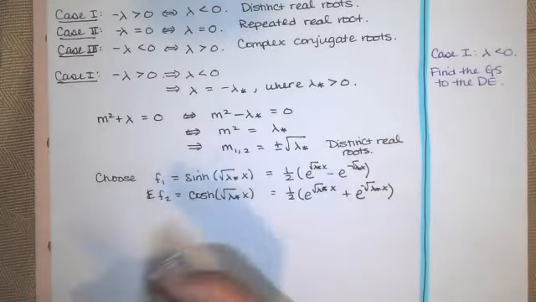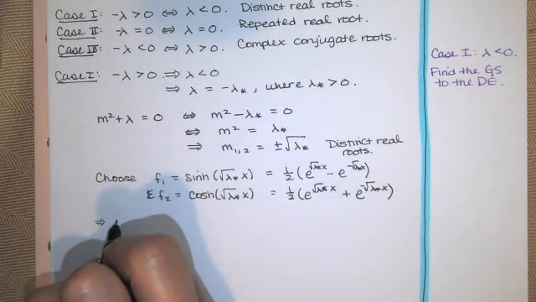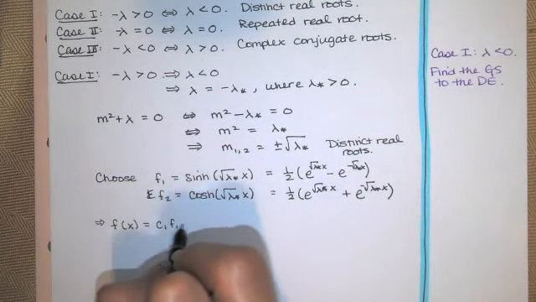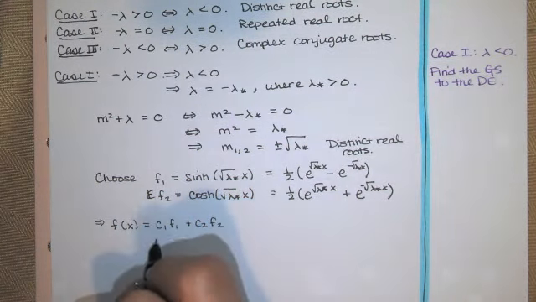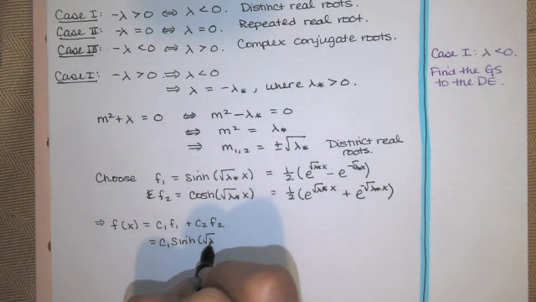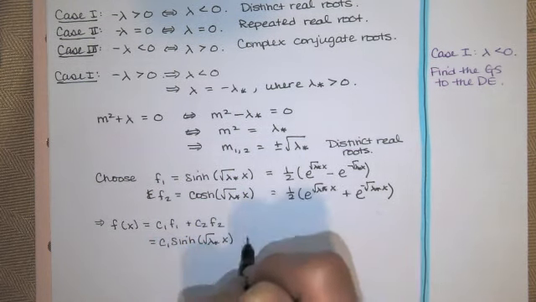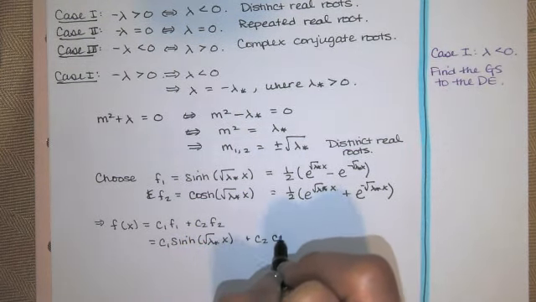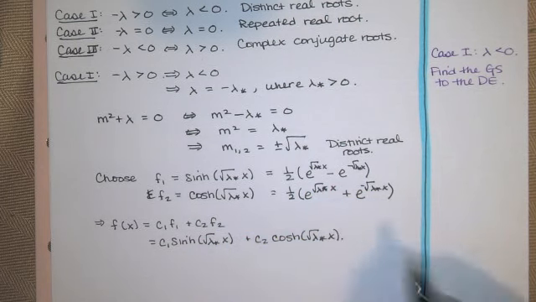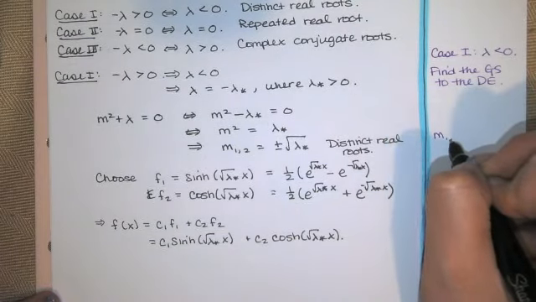Okay, so we're going to use those as our linearly independent solutions. Therefore, our solution to the differential equation is C1F1 plus C2F2, which is C1 times the hyperbolic sine of that number, plus C2 times the hyperbolic cosine of that number. So we just find m1 and m2.